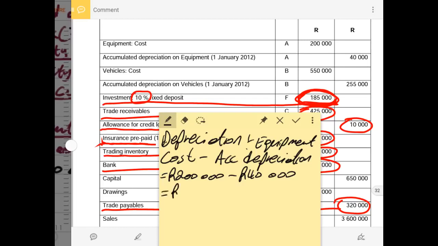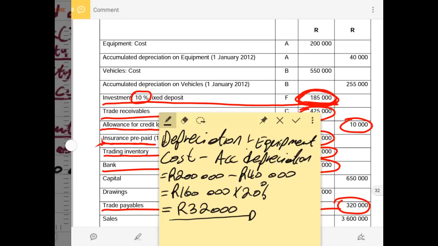Therefore, the depreciable amount will be 160,000 rands, and we know that it is calculated using 20% per annum, and this equipment was there until the end of the year. Therefore, the depreciation for the current year on equipment will give us an amount of 32,000 rands.